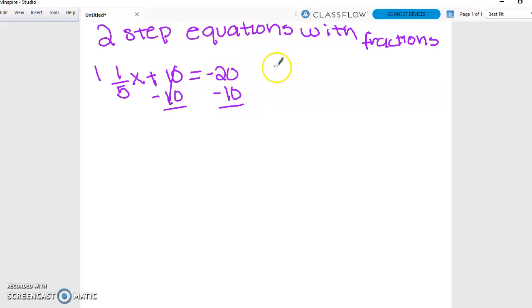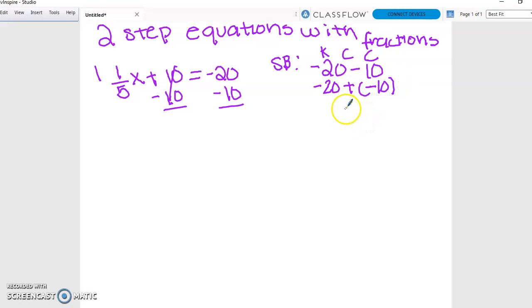So here I'm going to make a sidebar. And you have to remember here to do, I'm going to write it this way, negative 20 minus 10. So we have to remember to keep, change. So here we have negative 20 plus, as we have to change that, and negative 10.